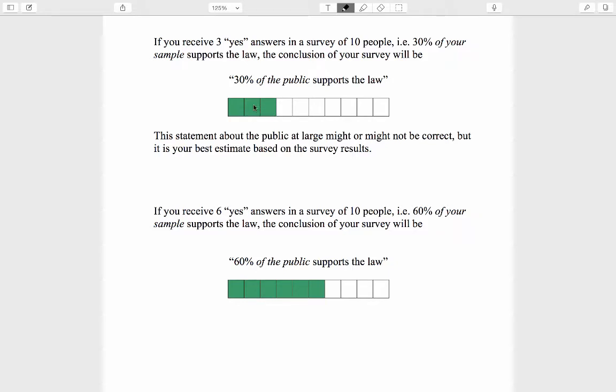This statement about the public at large might or might not be correct, but it is your best estimate based on the survey results. If you receive 6 yes answers in your survey of 10 people, that means that 60% of your sample supports the law.